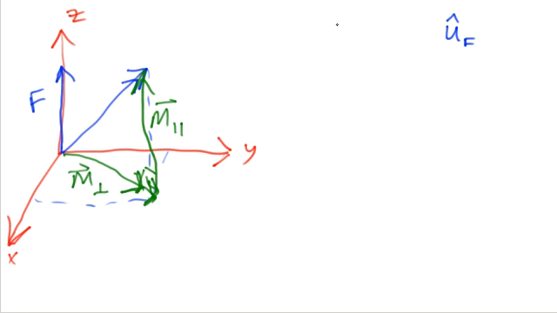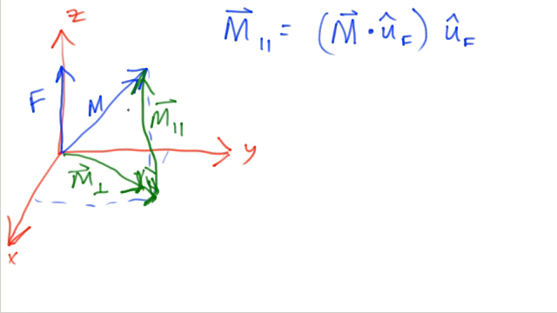And also I take the total m vector, that's this one by the way, dotted into that unit vector, and then multiply this resulting scalar times the unit vector itself, and I've got m parallel.